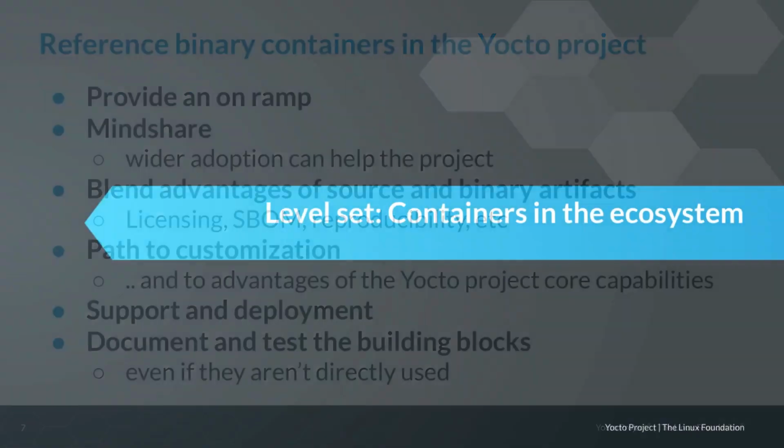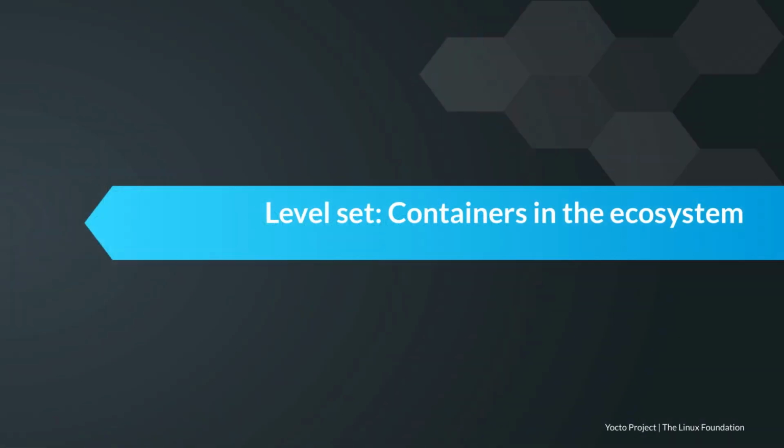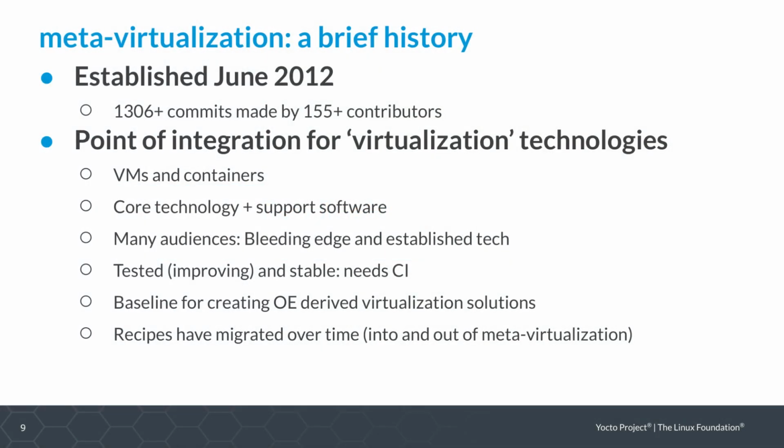All right, so here's a level set of containers in the ecosystem. You build them out of meta-virtualization, which I always say should be meta-virtualization and containers, but that's too long a name for a layer. This is where everything happens, and you never know, there may be some more bits that we can hopefully get into core, depending on where we go with some of the new work.